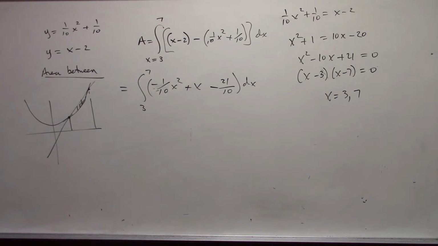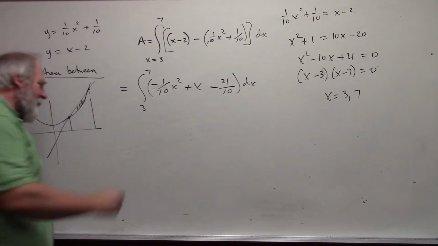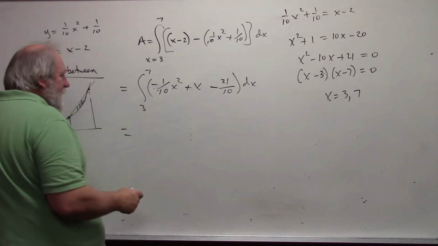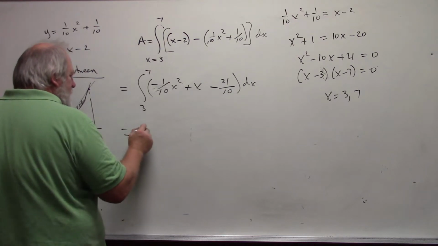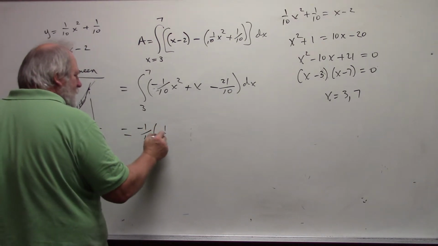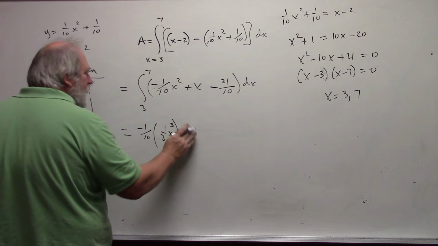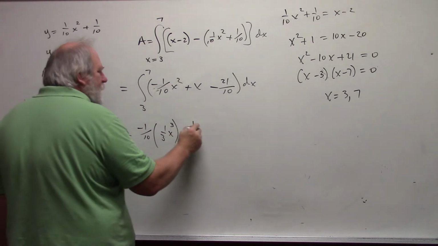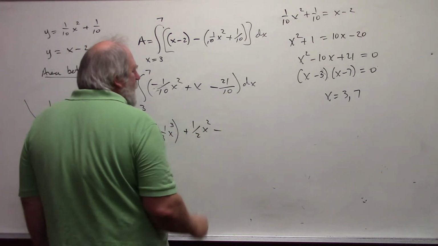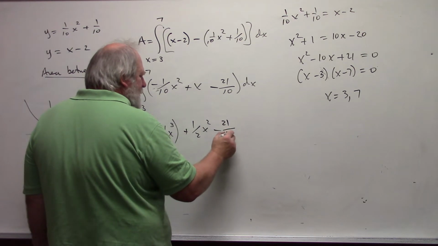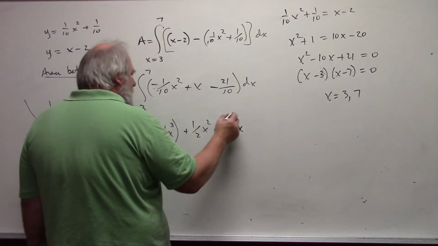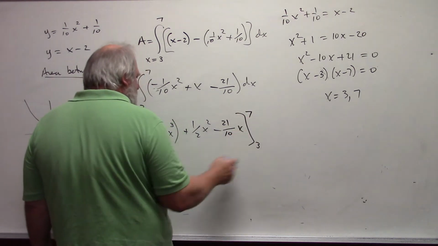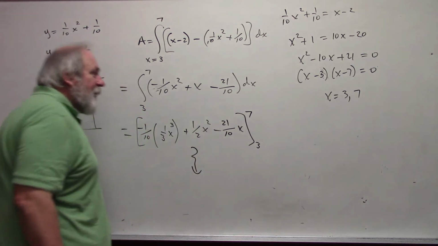You can't get rid of that. The antiderivative in this case then becomes negative 1/10 times 1/3 x cubed plus 1/2 x squared minus 21/10 x, evaluated from 3 to 7. And again, I'm not going to finish that out.